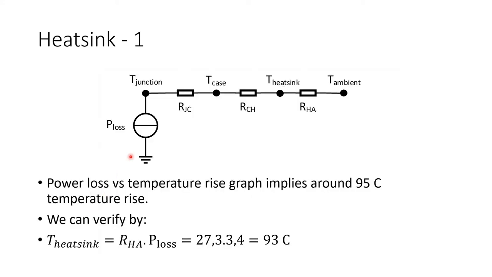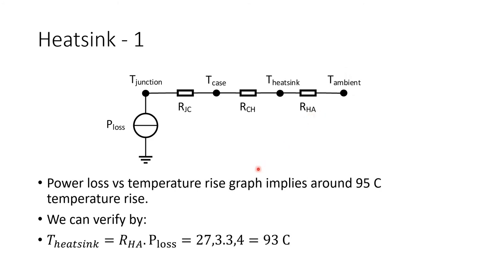What does this mean? We know that the ambient temperature will be 25 Celsius. If we use this heatsink to dissipate 3.4 watts of power, the heatsink temperature will be 95 Celsius higher than the ambient temperature.